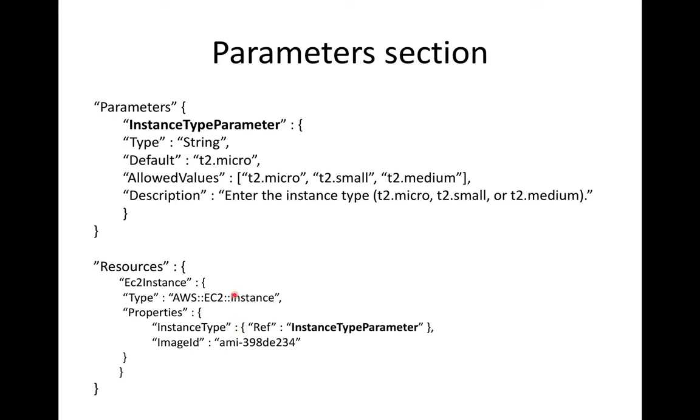So if we don't provide any value for the instance type parameter, it uses the default value, which is T2 micro, and then it will create an EC2 instance which is using a T2 micro instance type.